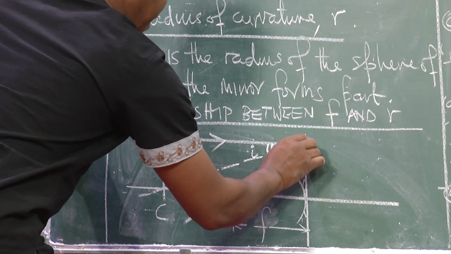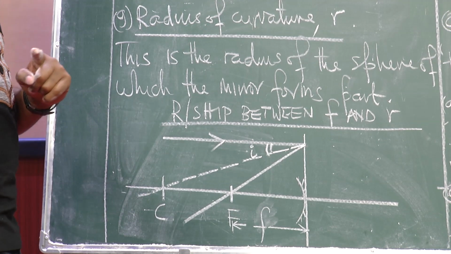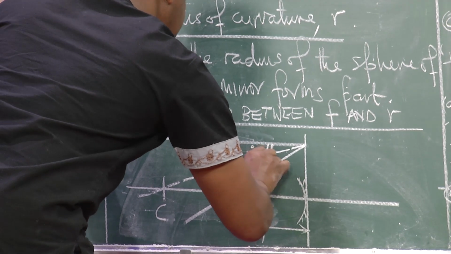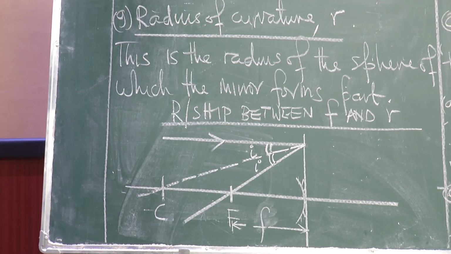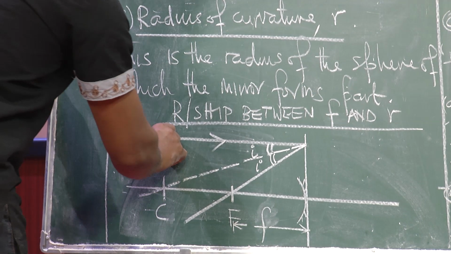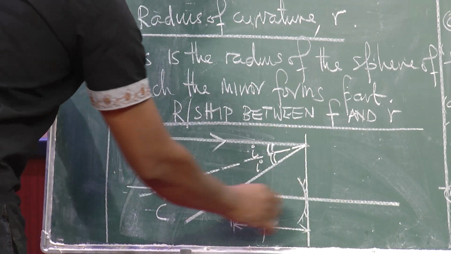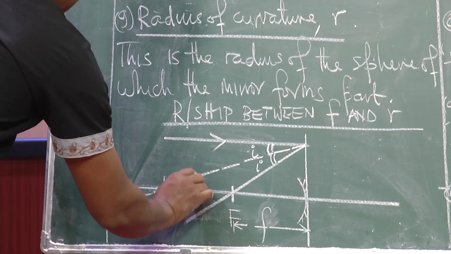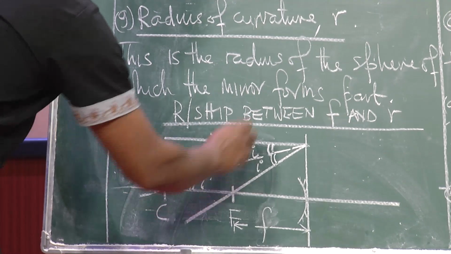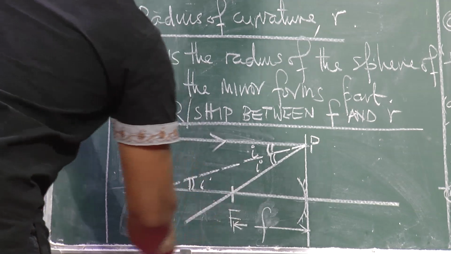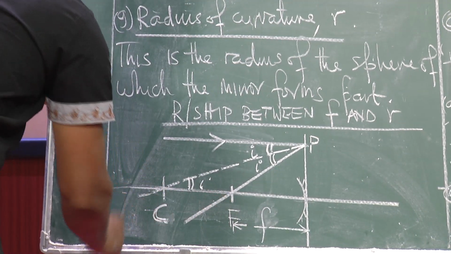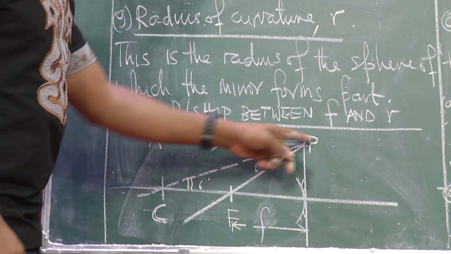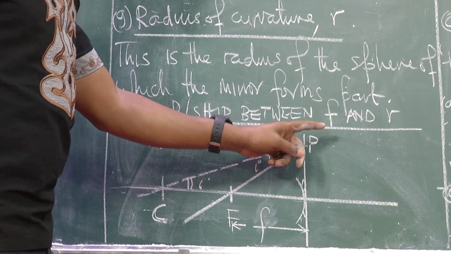But they are also aware that at this particular point, light will obey the laws of reflection, and therefore this angle is equal to I. That angle is equal to I. And from angle properties, this line is parallel to the principal axis, and therefore this angle is alternate to that angle. We shall call this point P. Maybe this is already C, this is already F. So if I call this A, I am saying angle APC is equal to angle PCF.